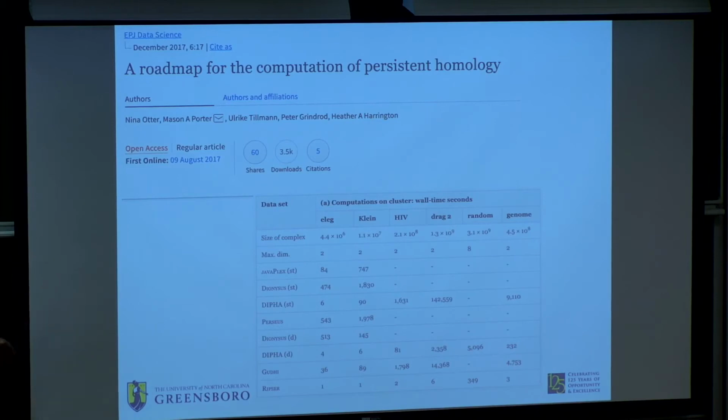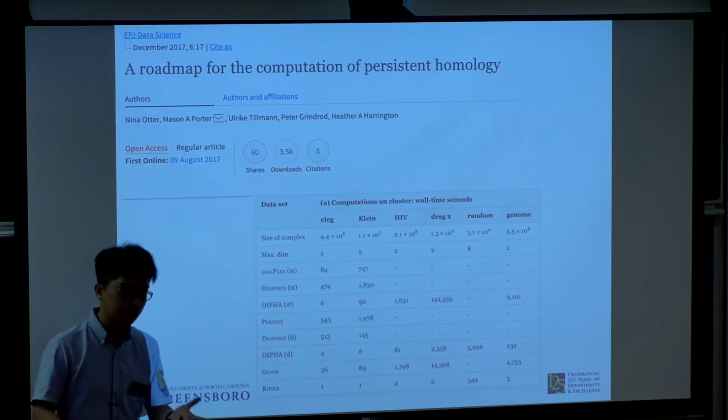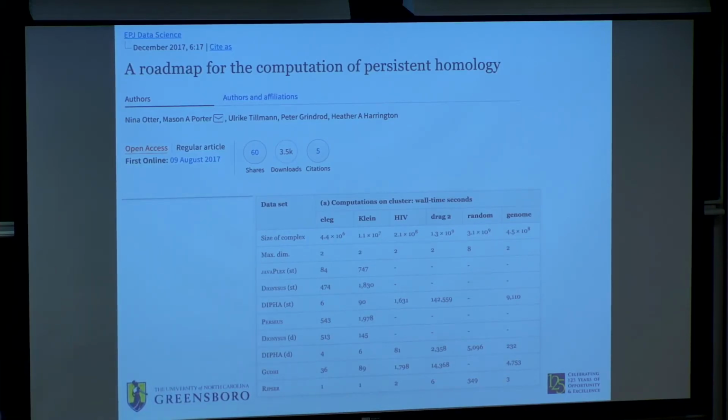This paper summarizes almost all the persistent homology packages, the roadmap for computation of persistent homology. So here is a list of the popular ones. Okay, so let me go through them a little bit.